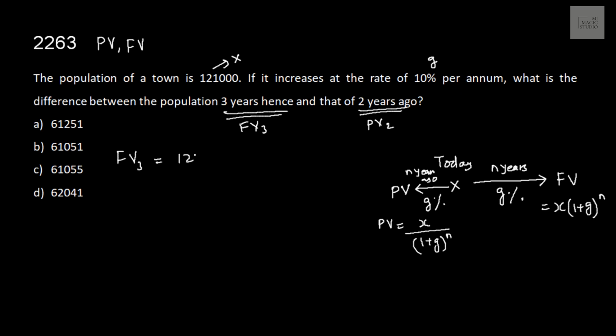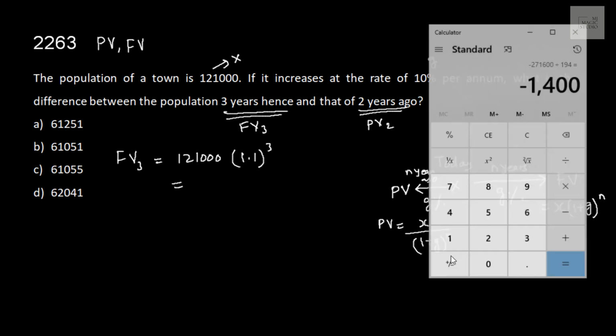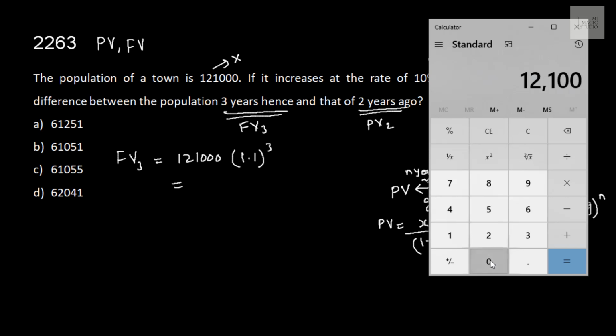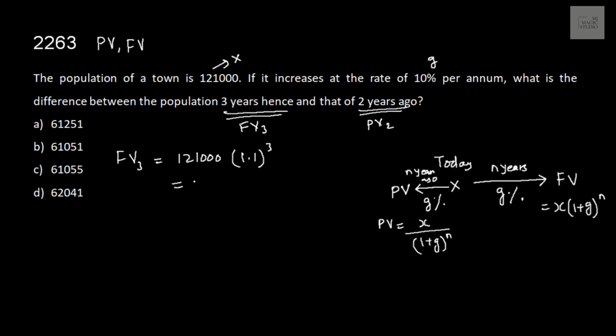That will be 121,000 into 1 plus g, that would be 1.1 to the power 3, which is 1.331. That gives 161,051. And now we need present value 2 years ago.